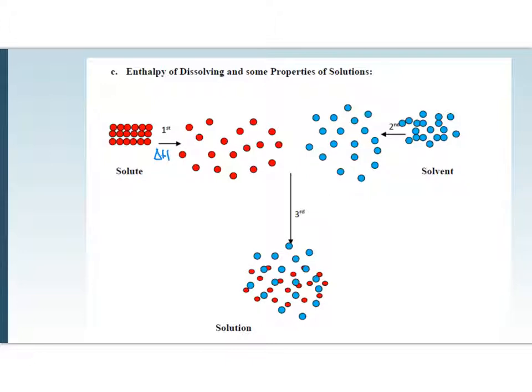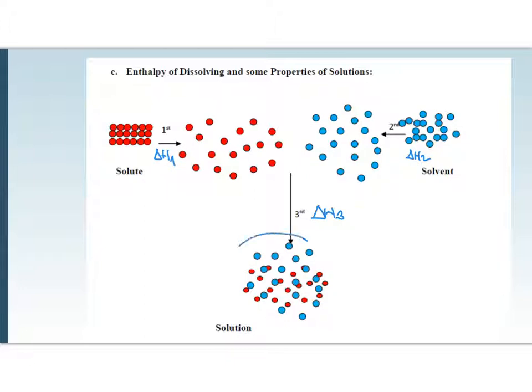And what about solvent here? It seems like water molecule. So in order to make these particles separated from each other, you have to give some heat also. Let's say that this is delta H2. Now they are going to be attracted by each other. So this attraction probably needs another heat difference, delta H3.